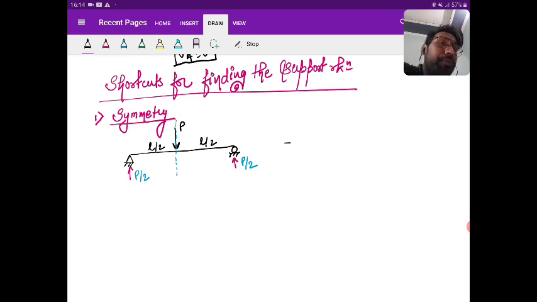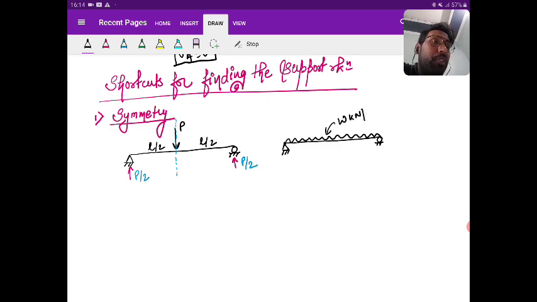Similarly, suppose a UDL is there of W kilonewton per meter. Okay, length is L, right?